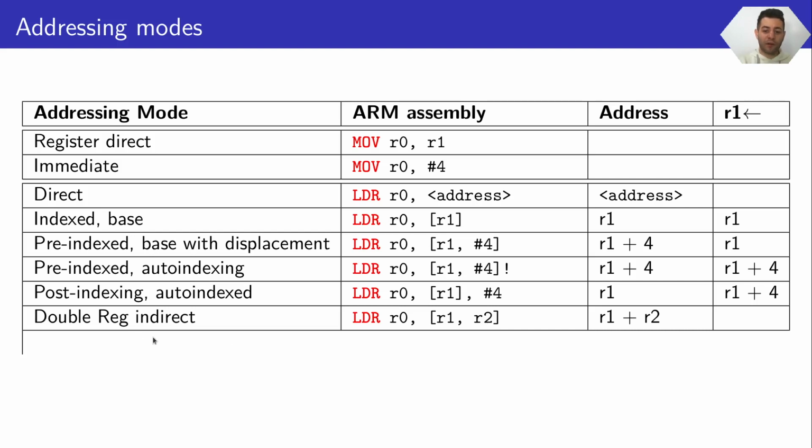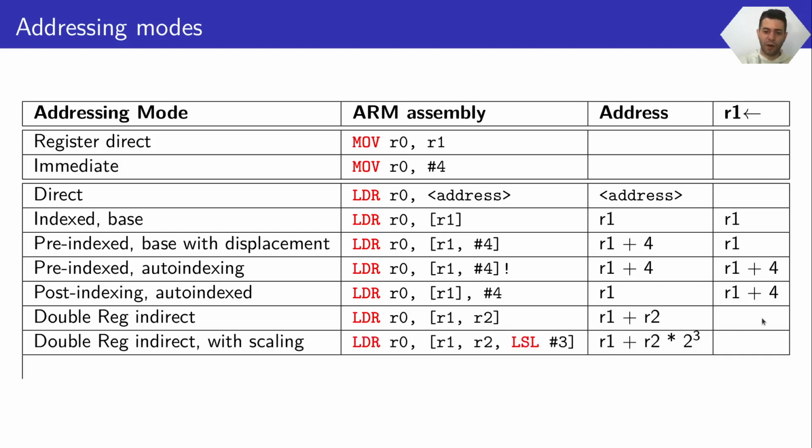Then we have the double register indirect, and as I've already said, here the default is the sum, and here we're taking the value R1 plus R2. For example, if we had added an exclamation mark here, we would end up updating the value of R1. But we can also perform some shifting.